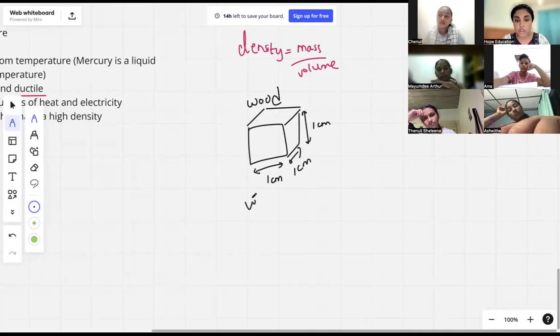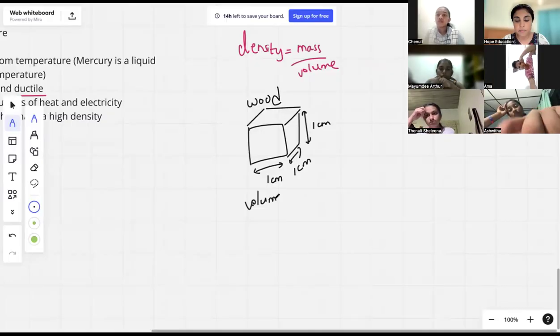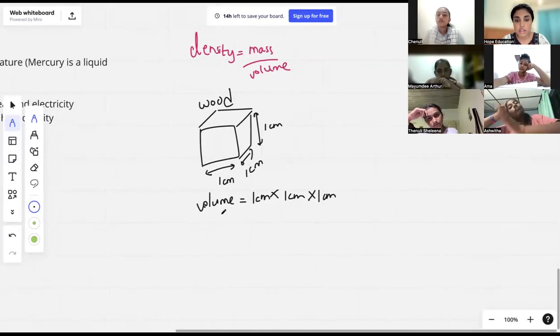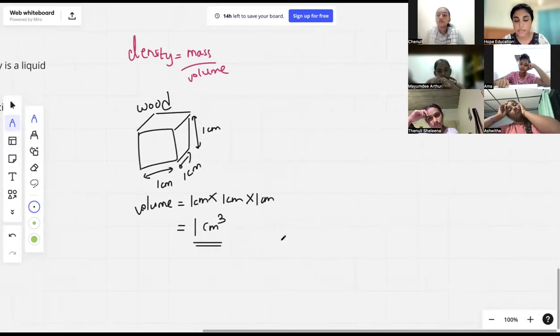So if you take the volume of wood, length into breadth into height. 1 into 1 into 1 is 1 centimeter into centimeter into centimeter, which is cubic centimeters, right?